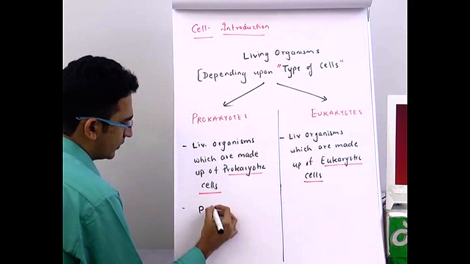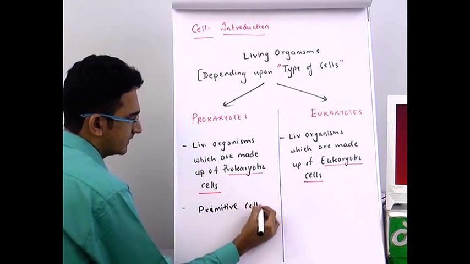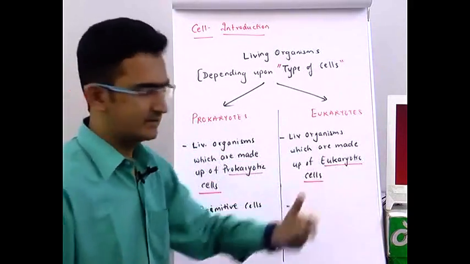Old cells are called primitive cells, and eukaryotes are more developed cells.